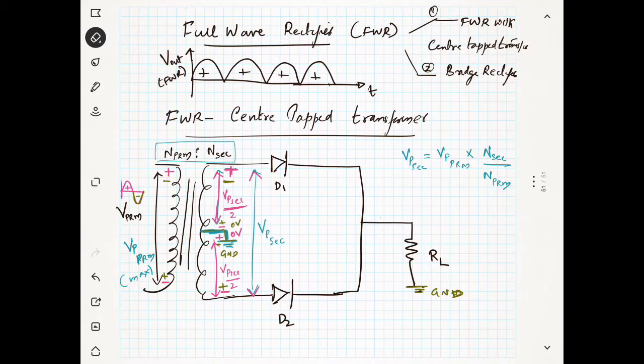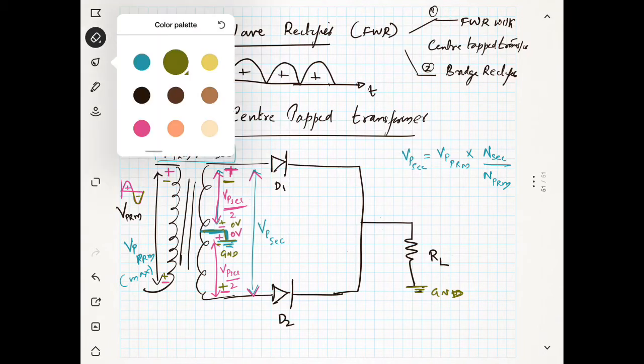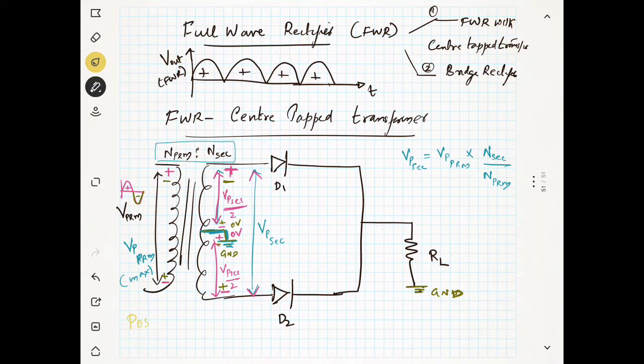Now we will see what the current will be during the positive half cycle. During the positive half cycle, you can see here this is positive on the top and negative. That means you have positive here, and you have a negative here.